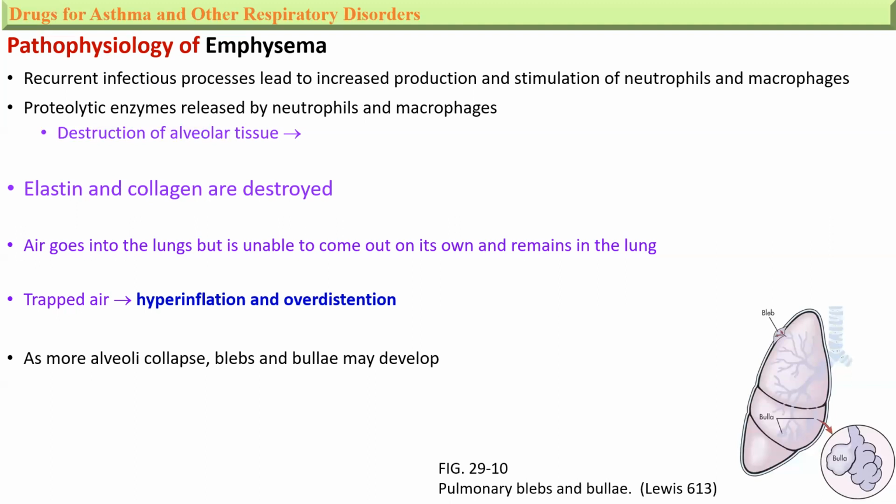Both are not effective in gas exchange, as the capillary bed that normally surrounds each alveolus does not exist in the bullae or bleb. Therefore, there is significant VQ mismatch and hypoxemia results. So this is one of the advanced mechanisms: the VQ mismatch and hypoxemia would be the end result of this pathophysiological change in patients with emphysema.